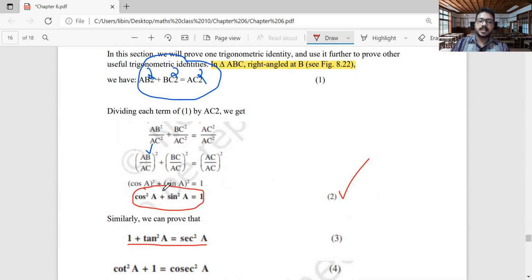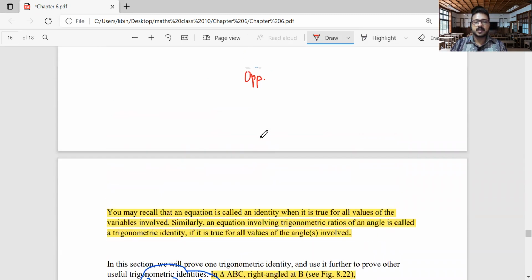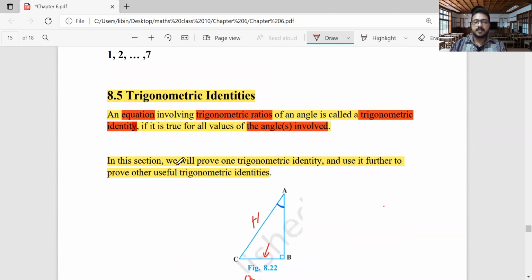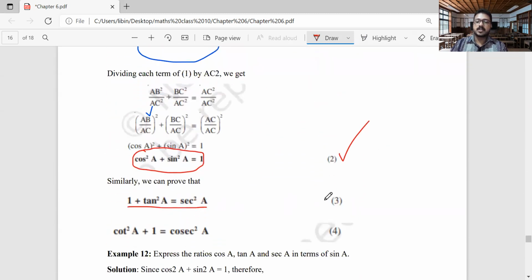It is 1, and sin squared A by cos squared A means tan squared A, and 1 by cos squared A means sec squared A. That's why earlier we said that we will prove one trigonometric identity and use it further to prove other trigonometric identities. That is our aim. So we have formed our second trigonometric identity.